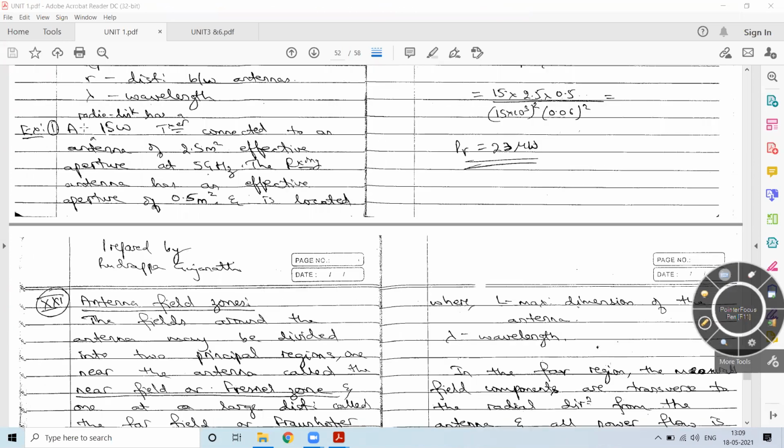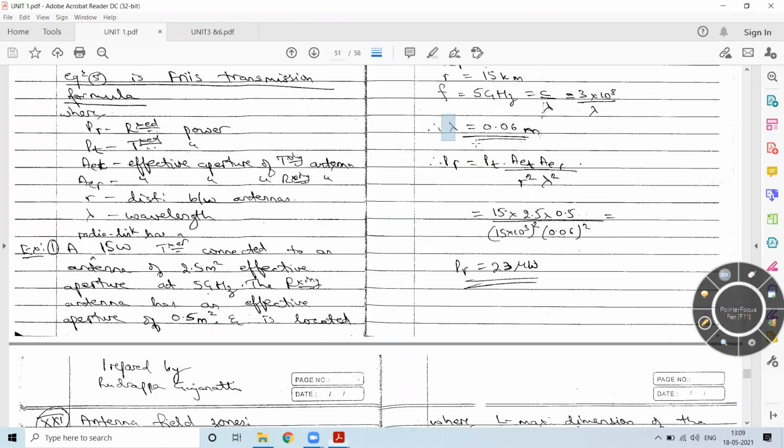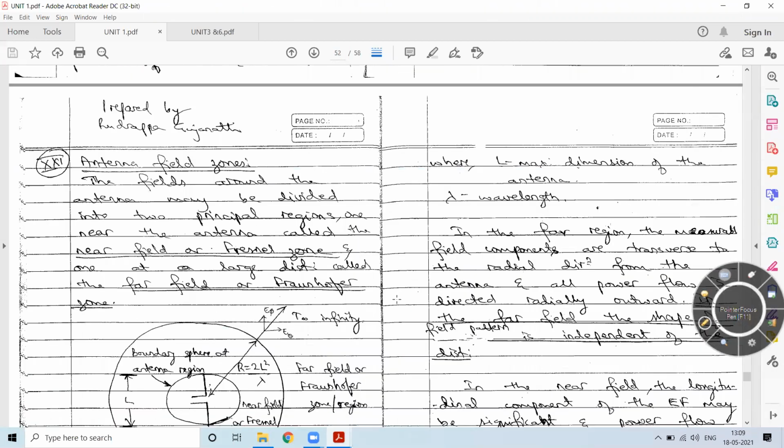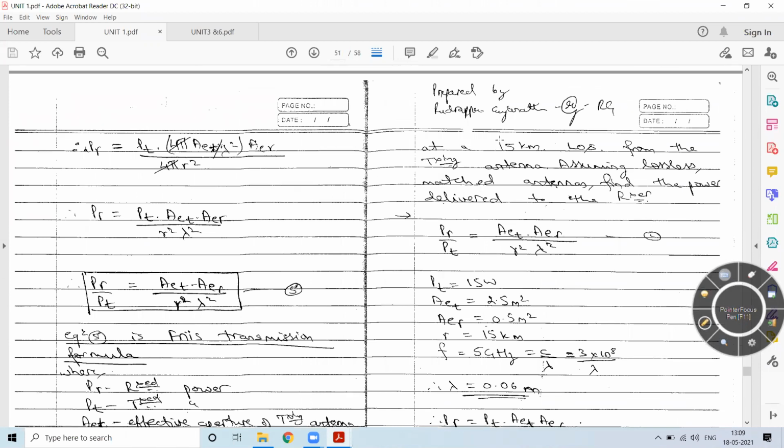In this problem, we saw that it is operating at 5 gigahertz and lambda is around 0.06 meter. This is the operating wavelength of this transmitting antenna, which is transmitting a power of 15 watt. And it is specified that R is 15 kilometers. Whether this point lies within the near field or within the far field.